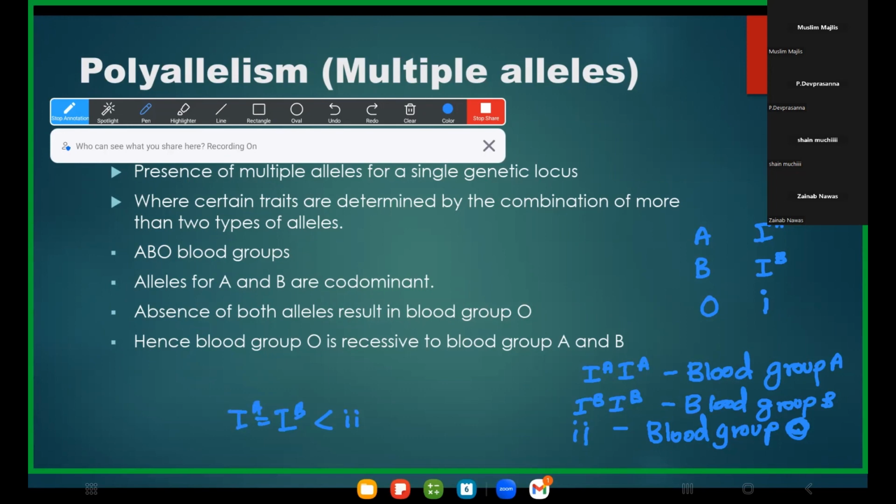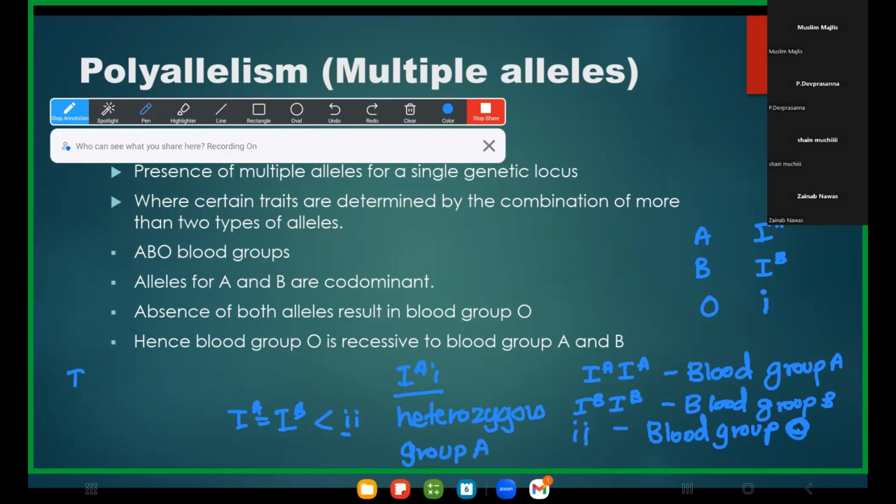So we know from the previous example, IA and IB are codominant, whereas simple i is recessive to both IA and IB. So if IA is present with simple i, this is a heterozygous situation where the phenotype expressed would be blood group A.